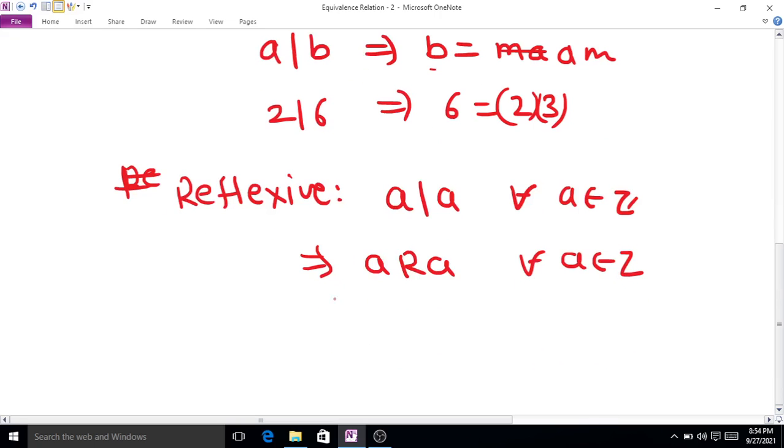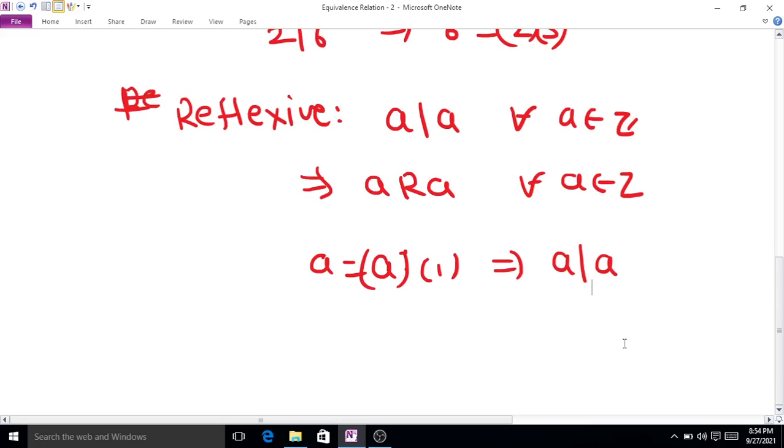In other words, we know that a is equal to a times 1. So you can say that a divides a, and therefore R is a reflexive relation.